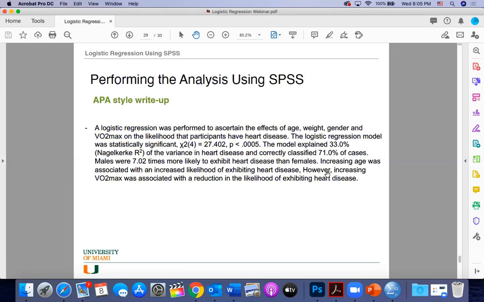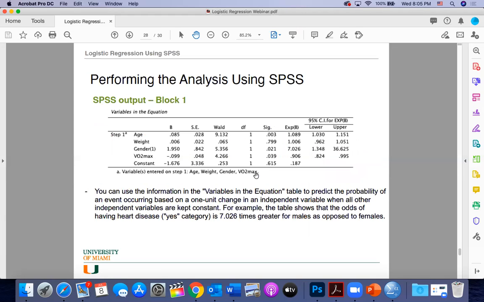Also, we can say that increasing age was associated with an increased likelihood of exhibiting heart disease. We also get this from here. We can see that age was related in a positive way with the dependent variable, and it was also significant. So if the age increases, the likelihood of having heart disease will increase as well.